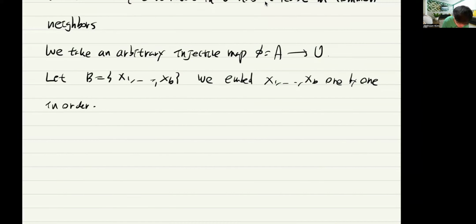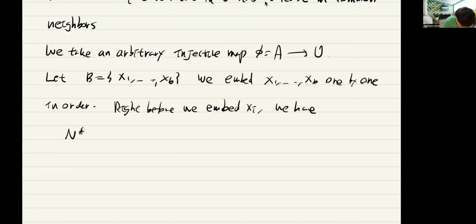Right before we embed xi, the common neighborhood of the image of the neighbors of this xi has size at least m, which is at least a plus b.